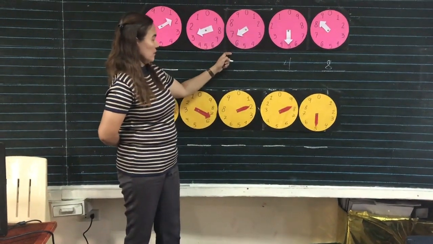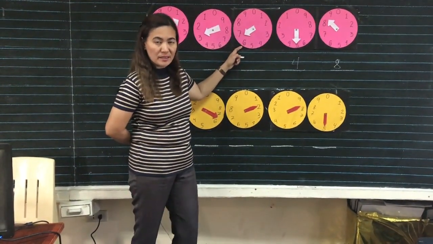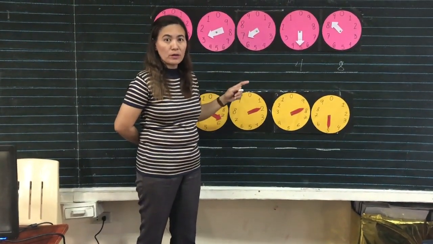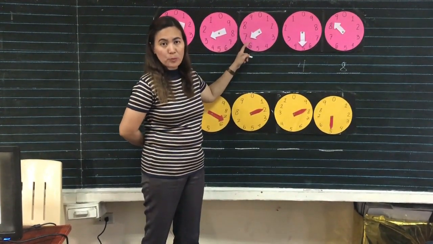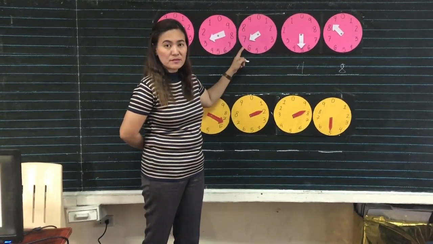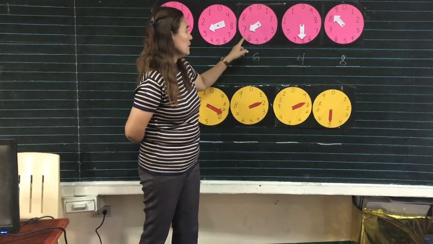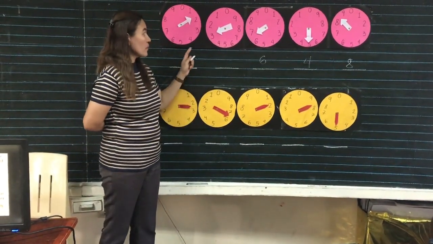The next dial is pointing between 7 and 8. Again, the rule stated that you have to record the smaller number. If the pointer is pointing between two numbers, the smaller number must be recorded. So at this time, the record is 6.